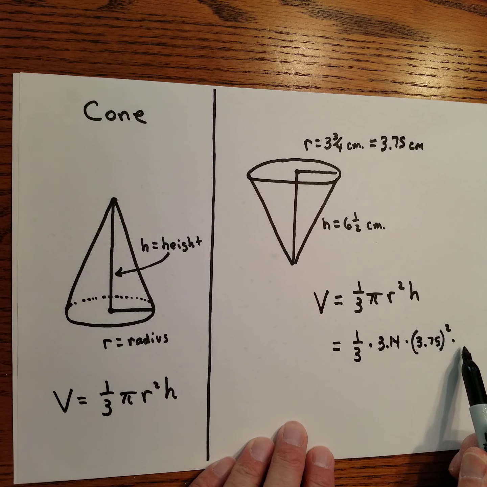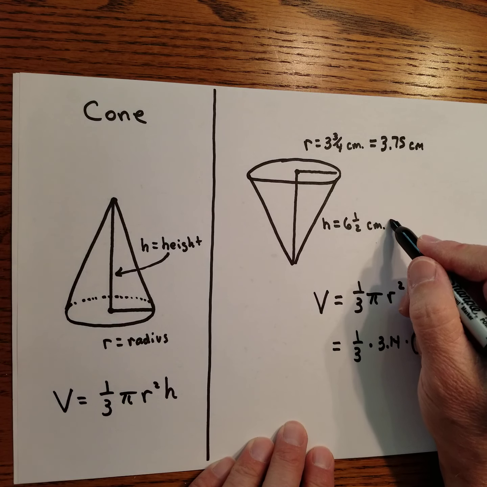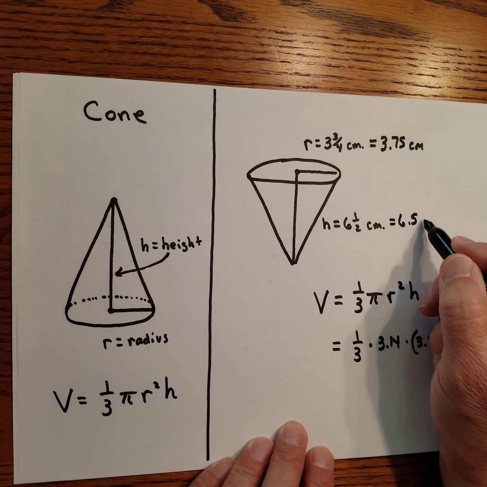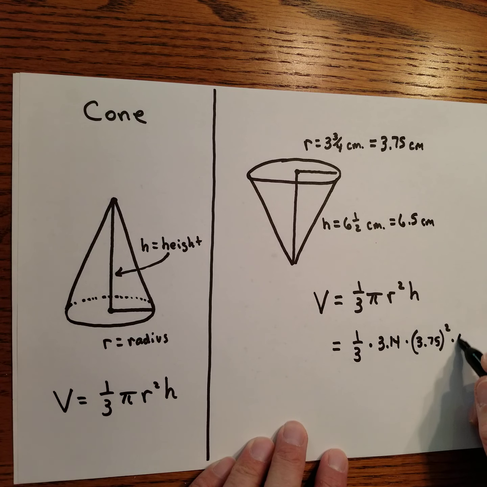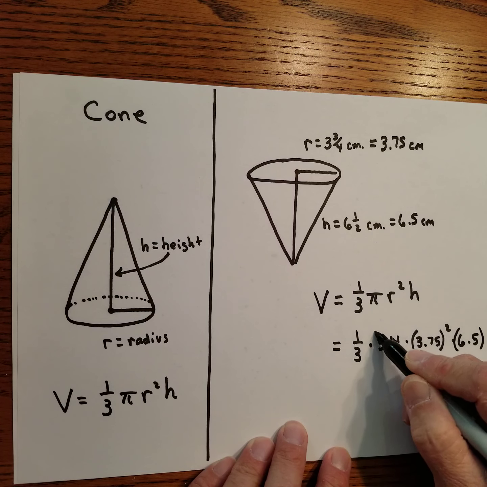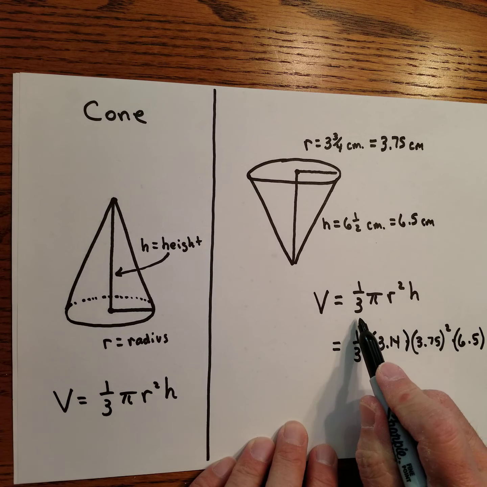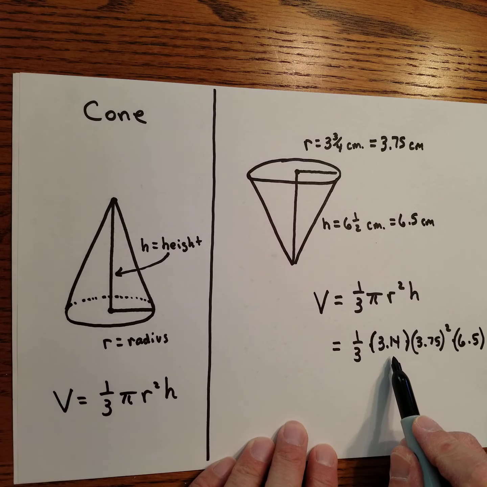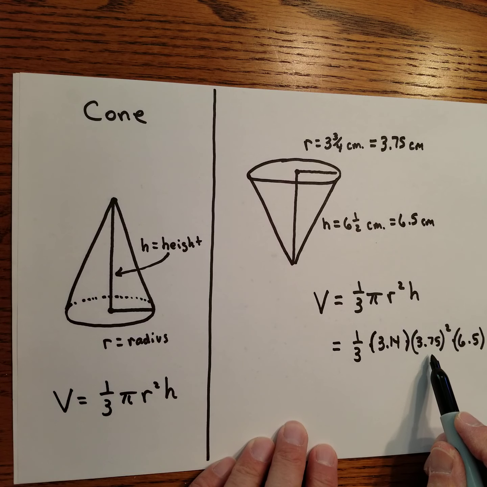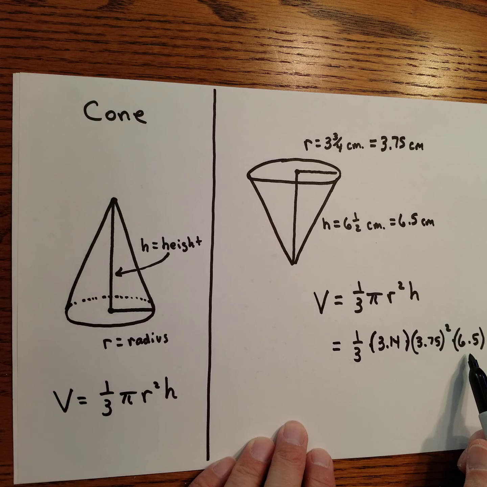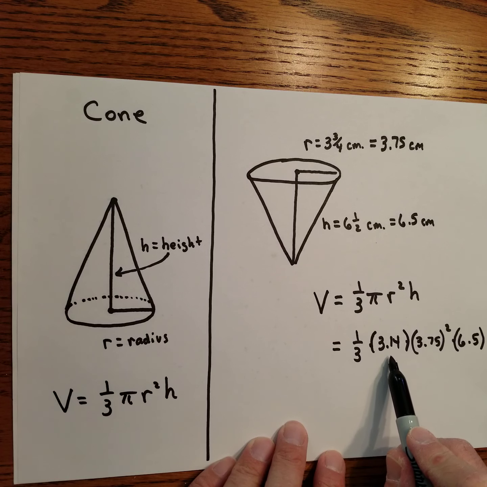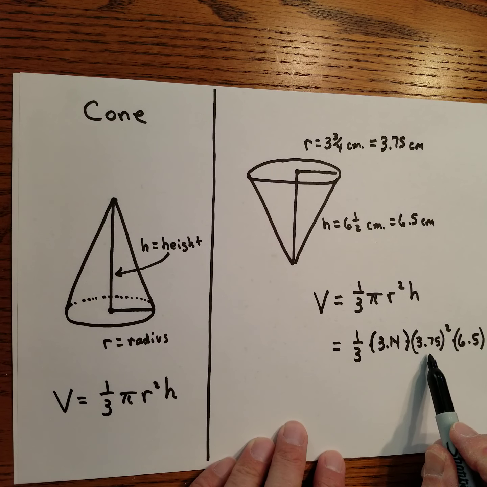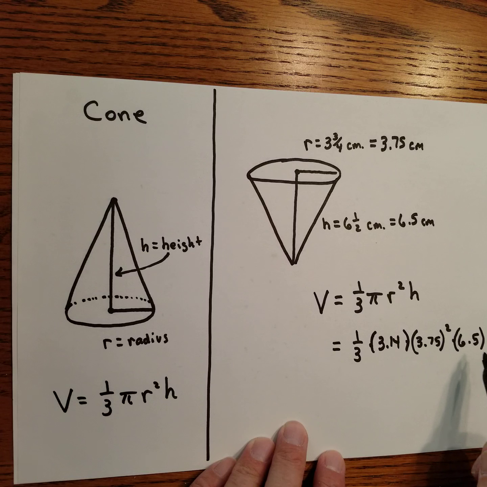The height, that's 6.5. Let's make sure we have everything. It's 1/3 pi r squared h. On my calculator, I'll go 3.14 times 3.75 times 3.75 times 6.5 and divide by 3.